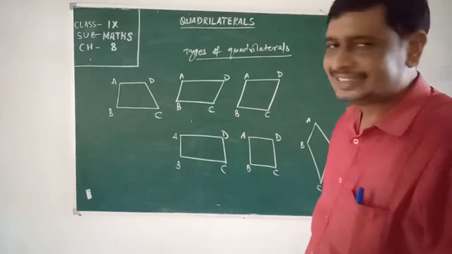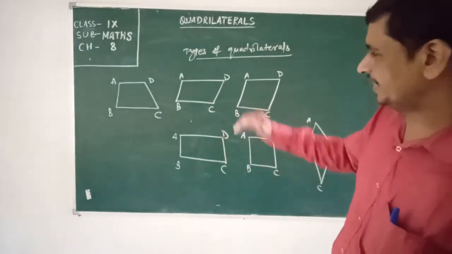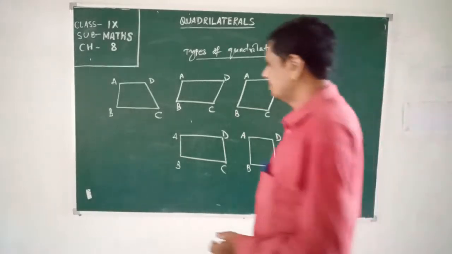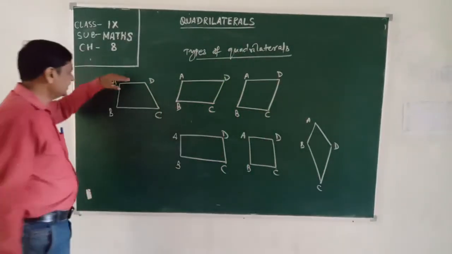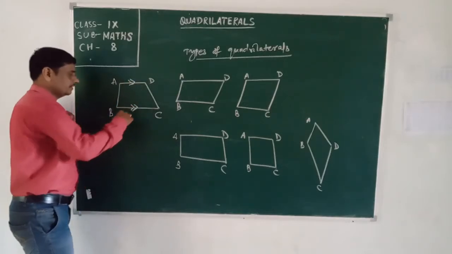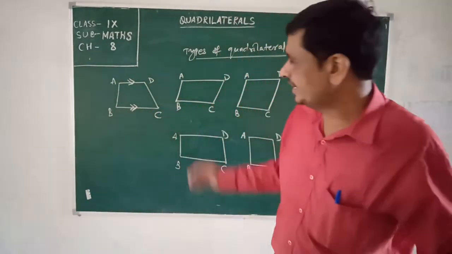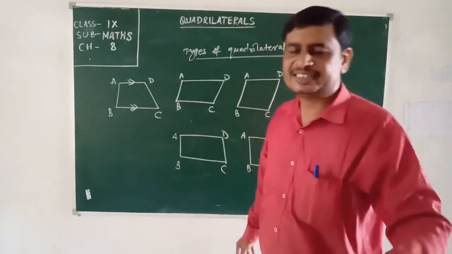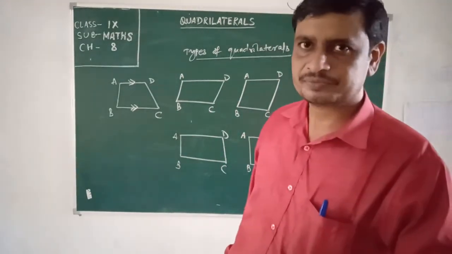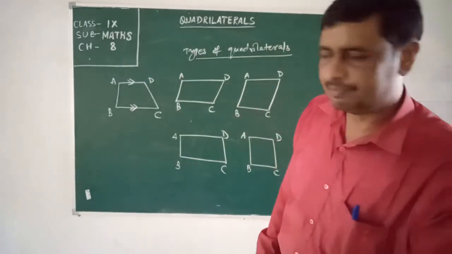Here 6 different figures are drawn. The first figure, here the property is that only AD and BC are parallel. The quadrilateral in which only one pair of opposite sides are parallel is called trapezium.